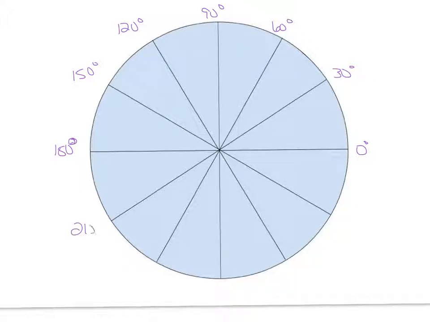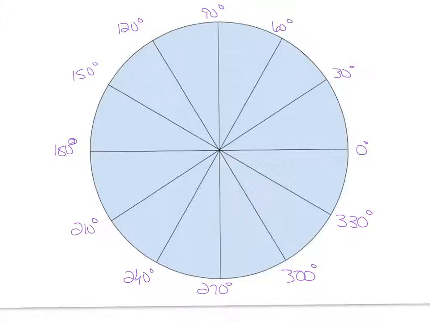Then this would be 210, 240, 270, just like we would expect, 300, 330, and then all the way around is 360 degrees, right?